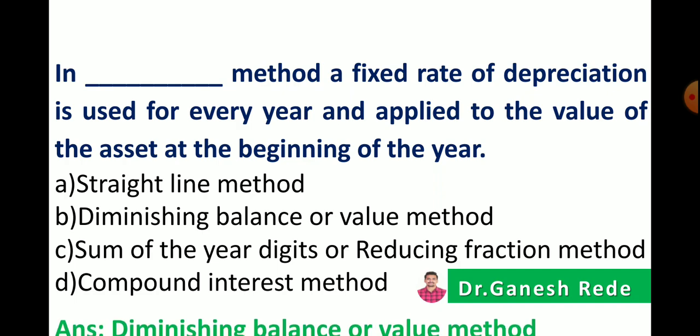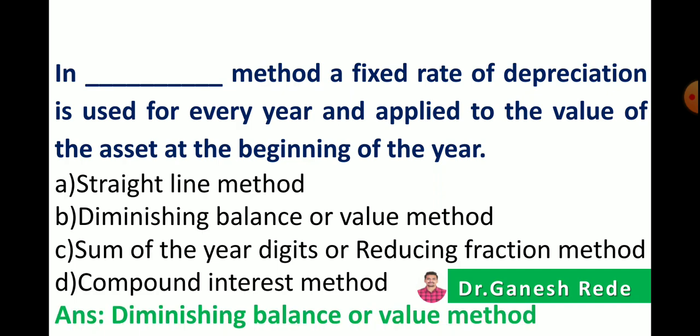So the correct answer is diminishing balance or value method, in which a fixed rate of depreciation is used for every year and applied to the value of the asset at the beginning of the year. It happens in the diminishing balance or value method.